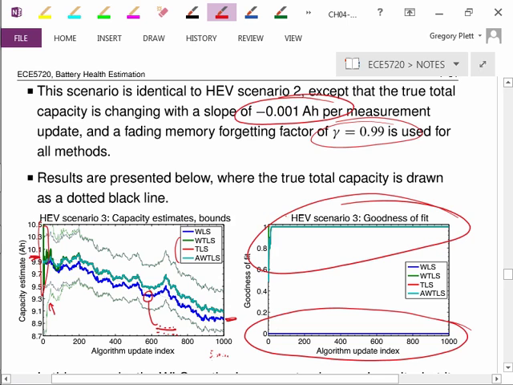So the conclusion from the hybrid electric vehicle viewpoint, because I am updating at a constant measurement interval every time, it's always 300 samples.